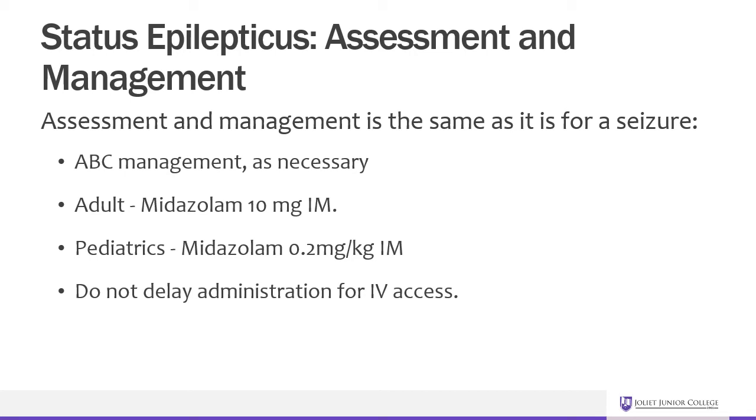When we're faced with status epilepticus, and this is a true medical emergency, ABC management is absolutely necessary. We're not going to be able to use our OPA. We might consider an NPA, but positioning is probably going to be enough, and possibly suctioning. But again, be very careful suctioning a patient that's seizing. You don't want them biting down on the catheter.